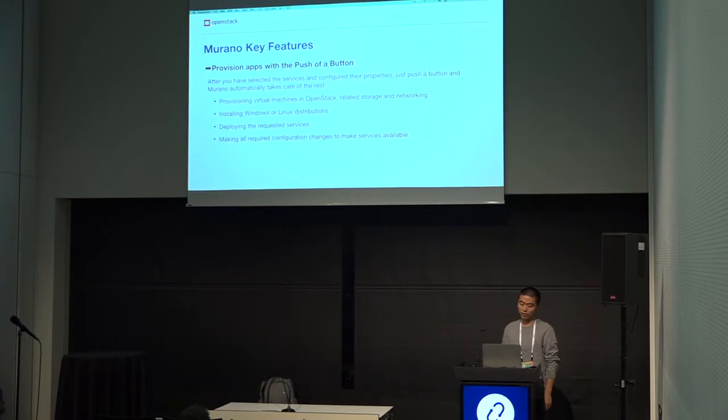And the second one is that users can provision apps with one click. After the user selects the service and configures the properties, just push a button, and Murano automatically takes care of the rest. The rest is provisioning the virtual machine in OpenStack, and the network and the storage.